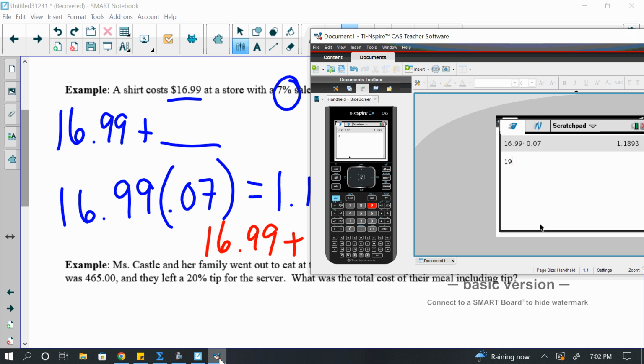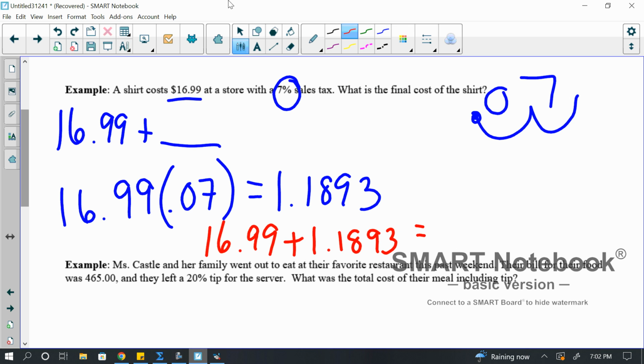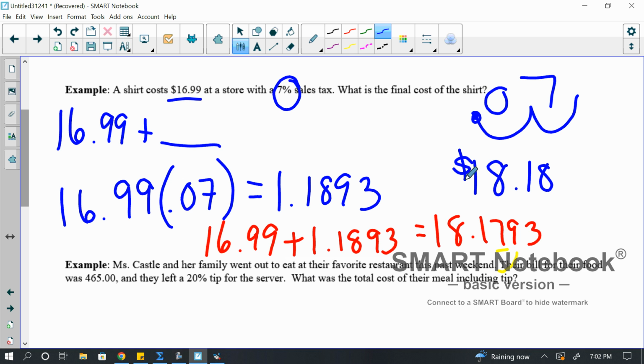So we do $16.99 plus the 1.1893. And we get 18.1793. But money is in two decimal places, so that 9 is going to make that 7 go up. So it's $18.18. That will be the final cost of our shirt.